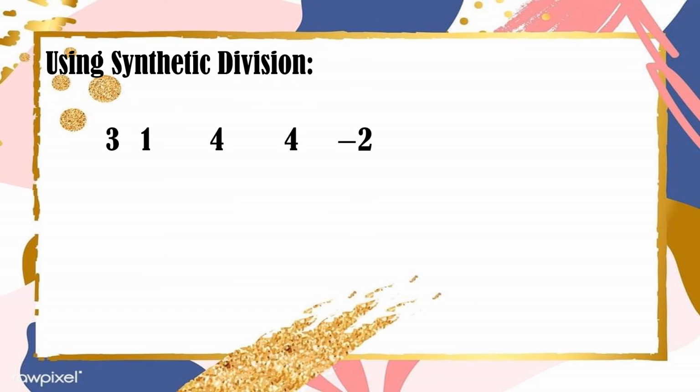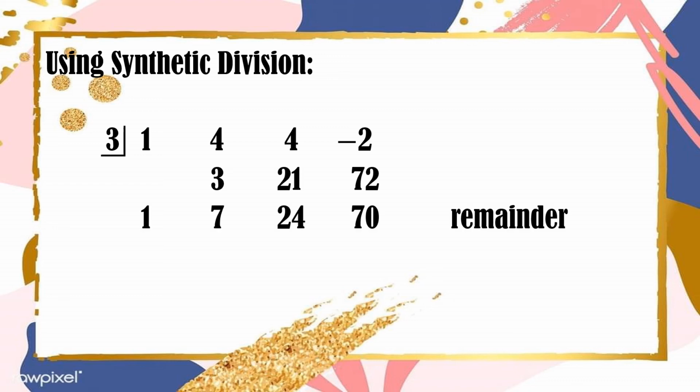Using synthetic division, we're going to check if 70 is the remainder. Since our x is equal to 3, we will use that as our divisor. Then, we're going to write all the numerical coefficients of the polynomial equation: 1, 4, 3, and negative 2. First, bring down 1. Then 1 multiplied by 3 will be equal to 3.